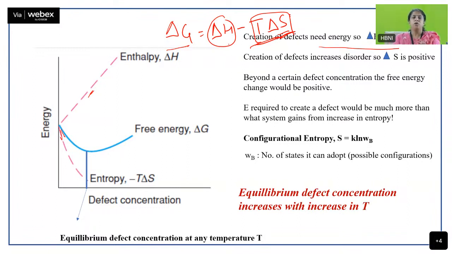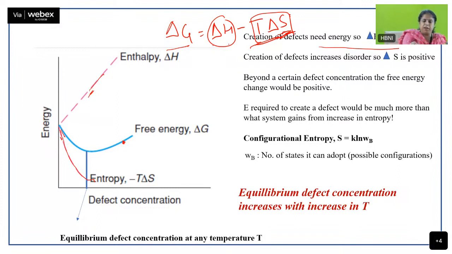surface? No. So when your material already has a large number of defects, delta H is still positive, but delta S is now not that much positive. That is, you are somewhere here. The slope of S is not that high, but it is still positive. So your delta G will become positive. That means the process you were talking about, in this case the creation of defects, is not thermodynamically stable.